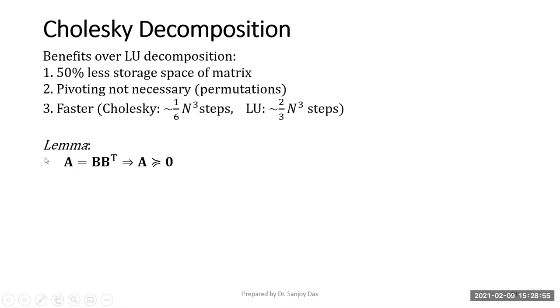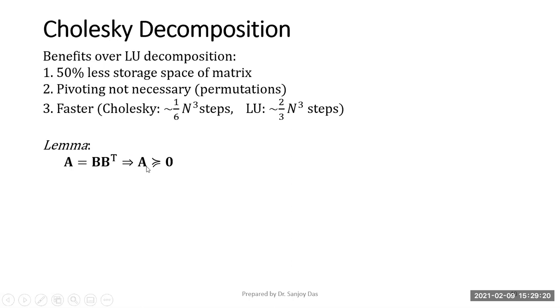Now, consider this little lemma here. We'll end this lecture with this small observation. Suppose a matrix A can be expressed in this form, B times B transpose, where B is some other matrix. So there exists some matrix B such that A equals BB transpose.